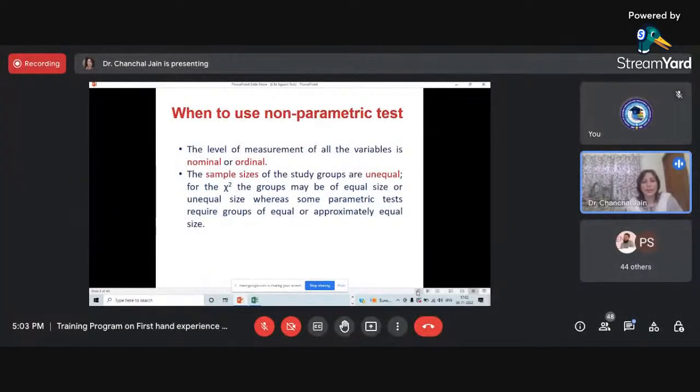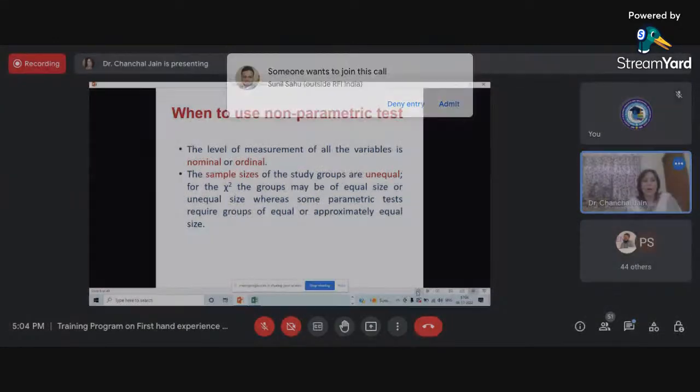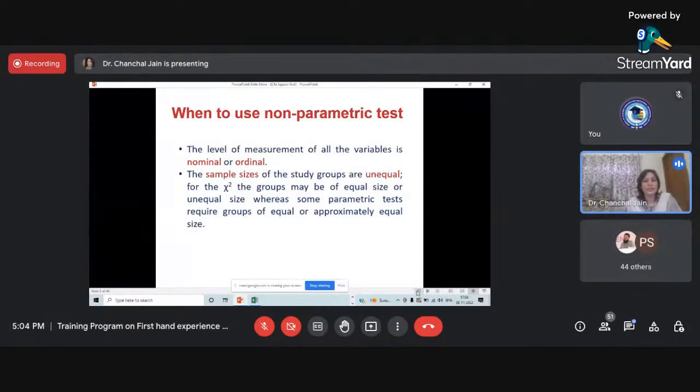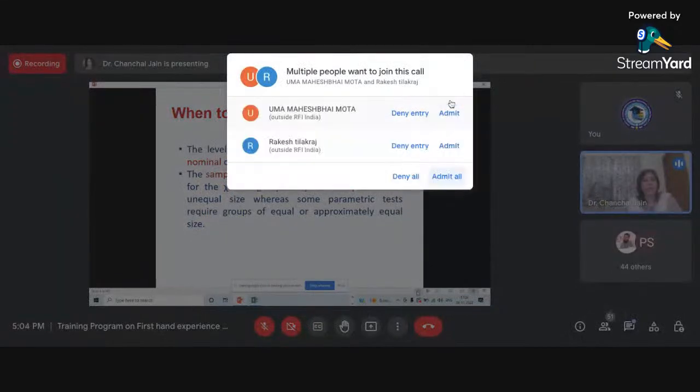The second condition is that the sample sizes of the study groups are unequal. For the chi-square, the groups may be of equal size or unequal size, whereas some parametric tests require groups of equal or approximately equal size.